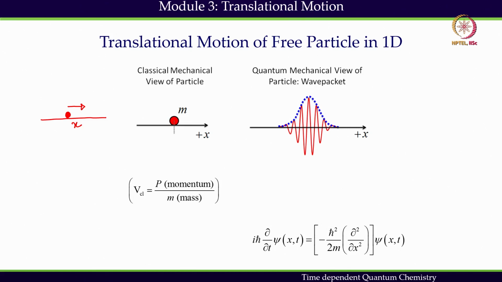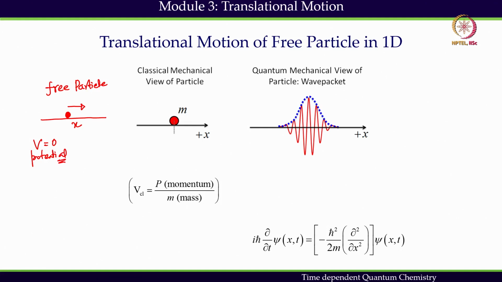The potential experienced by the particle is 0 because it's a free particle. That's why the potential V is 0 everywhere in space, and classically this particle moves at constant velocity because there is no potential.